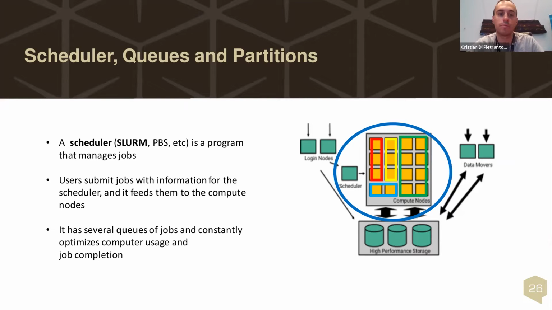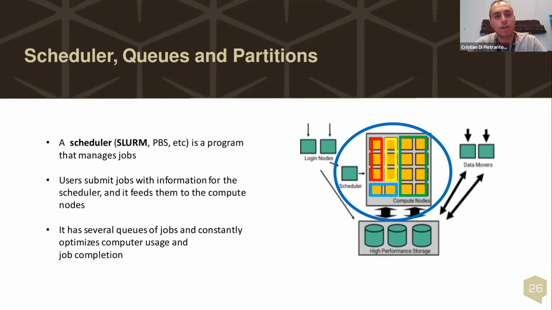The term job refers to a program together with the requirements needed for it to run. So the scheduler has many jobs to run and has to decide which one to run at any given time. Well, it can run all of them if there is the capacity, but most of the time there are so many jobs that the supercomputer cannot run all of them at the same time. So some jobs need to wait for their spot on the supercomputer.